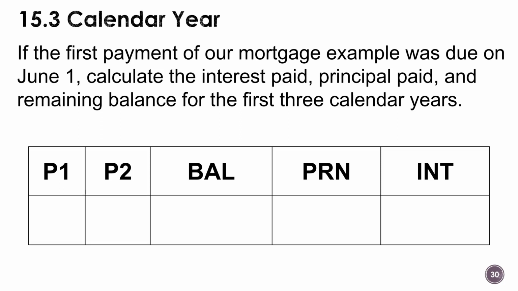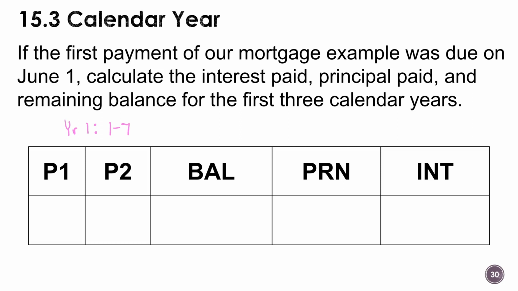Okay, June 1st, you can actually count this on your fingers if you want to. June, July, August, September, October, November, December. If you counted that up with me, you will see that in year 1, we paid payments 1 through 7.